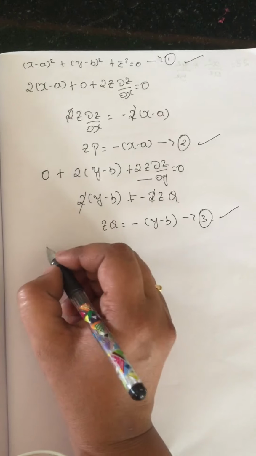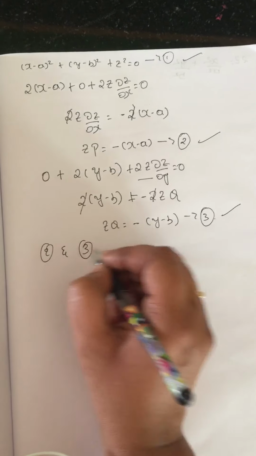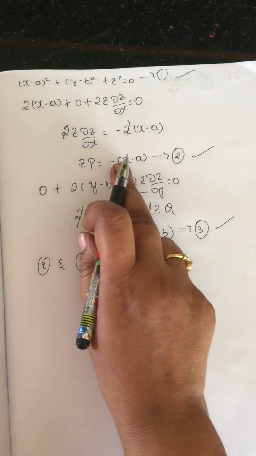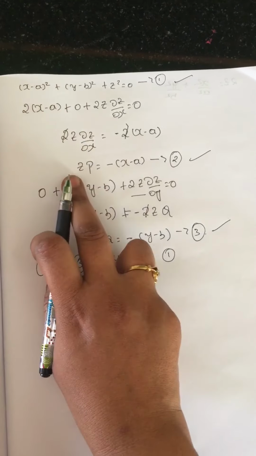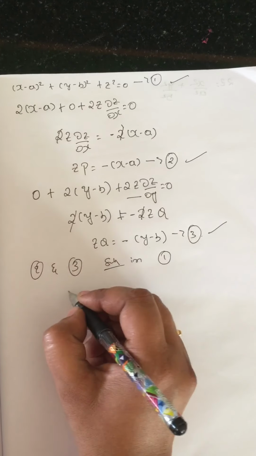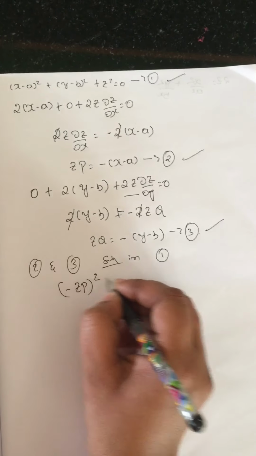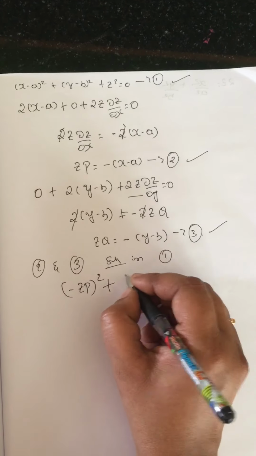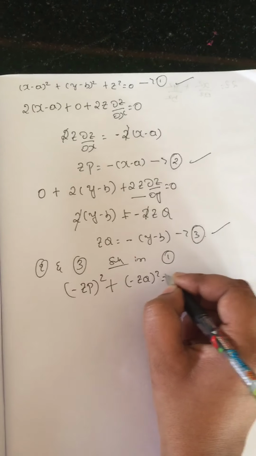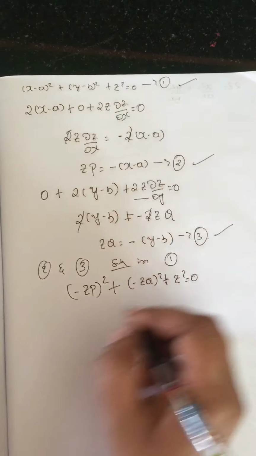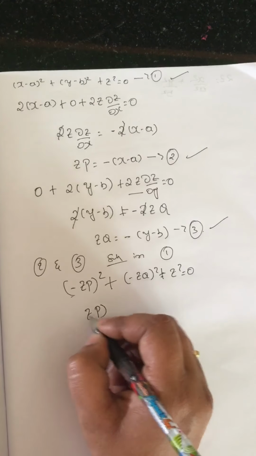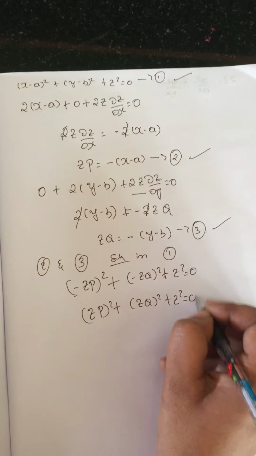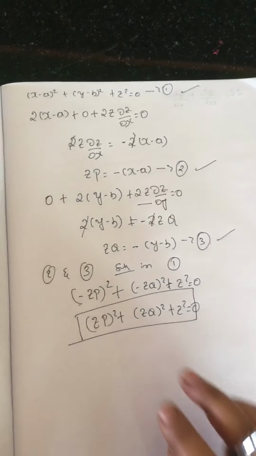So, equations 2 and 3 substituted in 1: x minus a is minus zp, so minus zp whole square, plus y minus b is minus zq, so minus zq whole square, plus z square is equal to 0. At last it can be written as (zp) whole square plus (zq) whole square plus z square is equal to 0. It is a model question paper question.